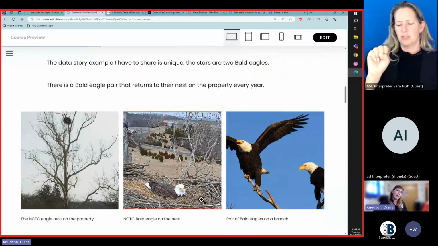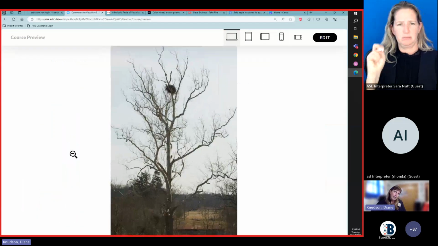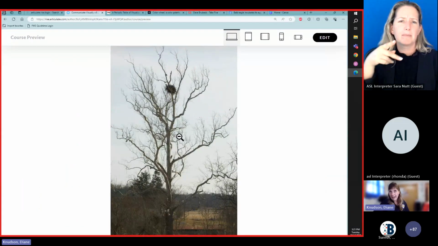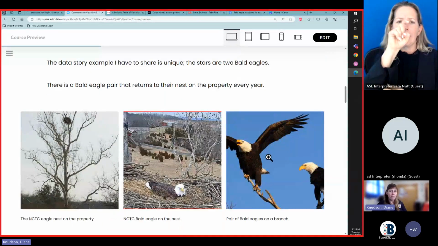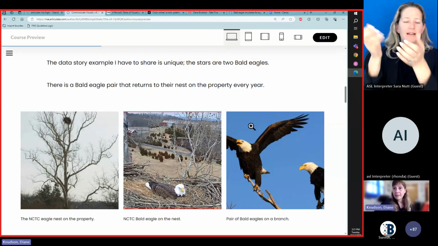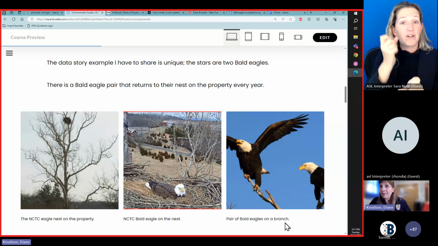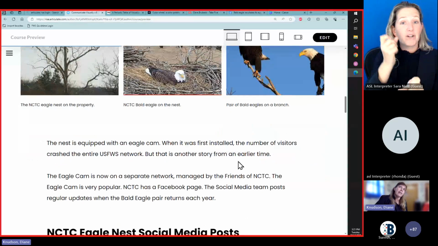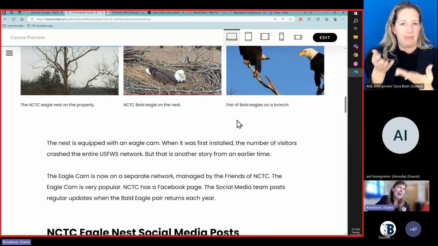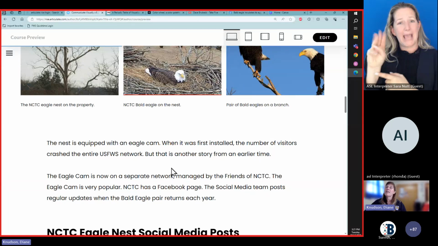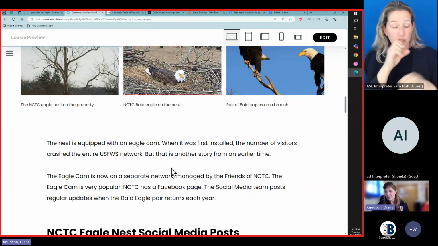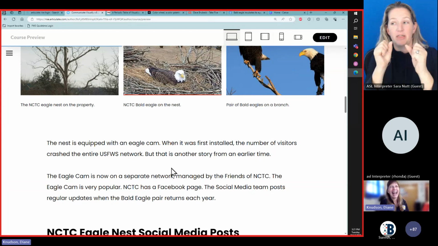But there's an eagle nest that's there, and every year there's a pair of bald eagles that come back to have their family. And their nest is equipped with a webcam. And it was kind of funny, the first year that it was installed, there was so much interest that it crashed the entire Fish and Wildlife Service network.